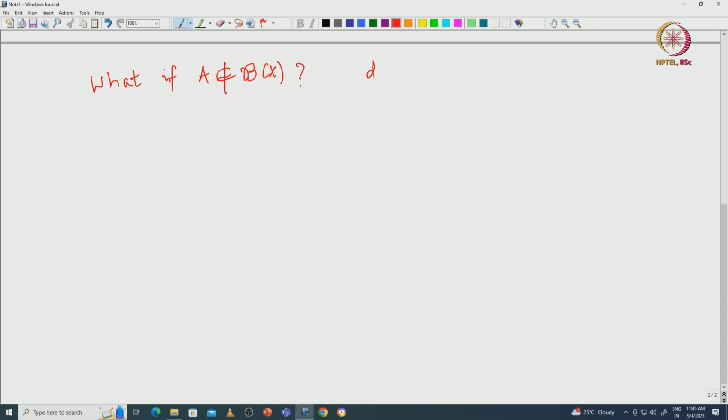So again we consider the abstract Cauchy problem, but now A may not even be defined on the entire X. It may be just a subspace. So we call it the domain of definition D(A) into X, linear. So that is the setup.